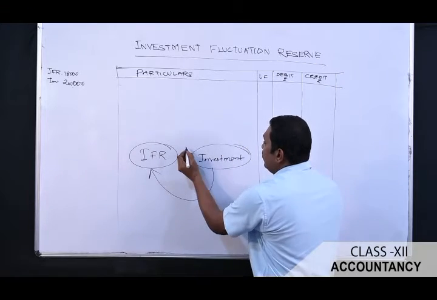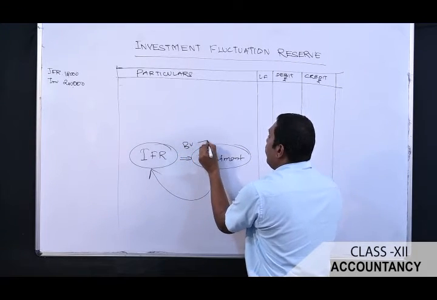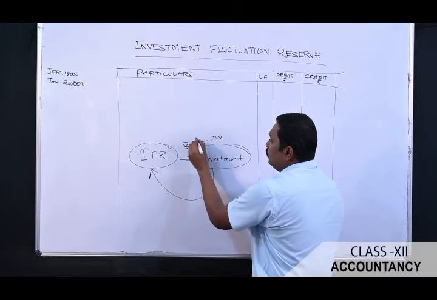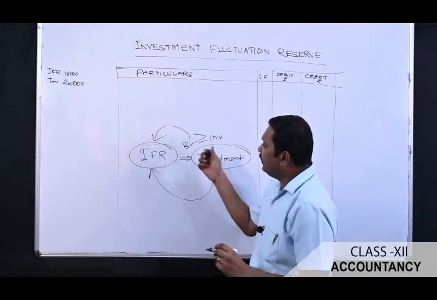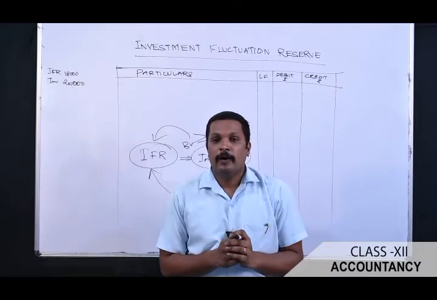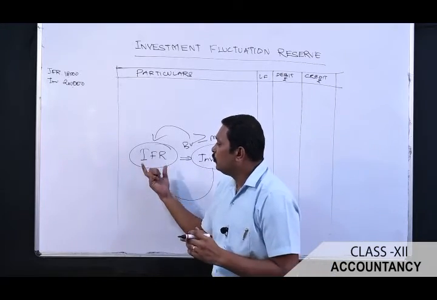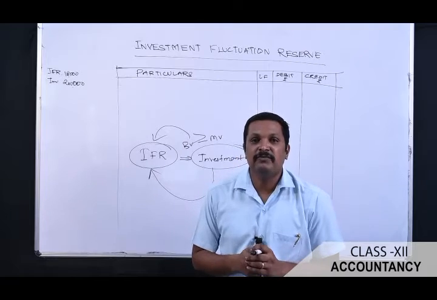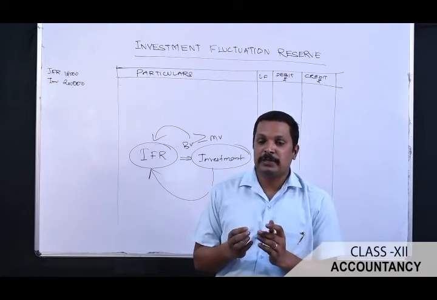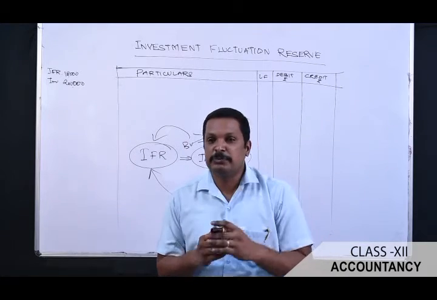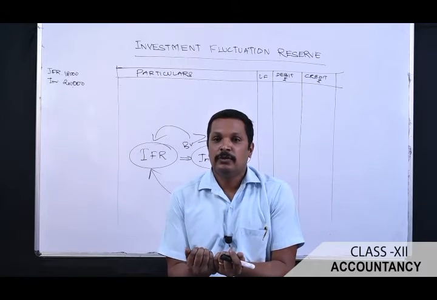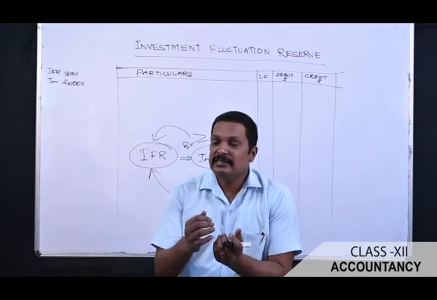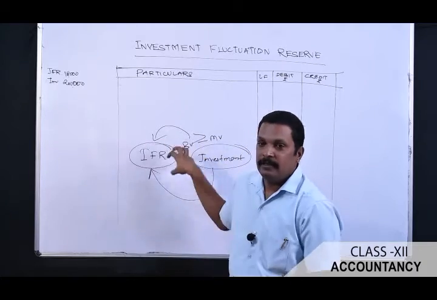When there is a difference in book value and market value, to mitigate the loss of investment, we have to maintain investment fluctuation reserve. Investment can increase or decrease. In case the value of the investment decreases, we will adjust that loss from this reserve.